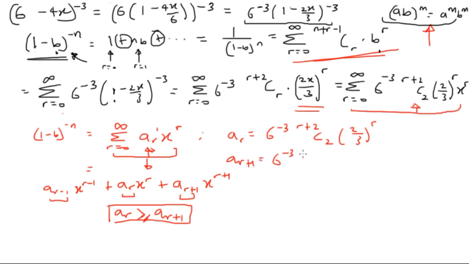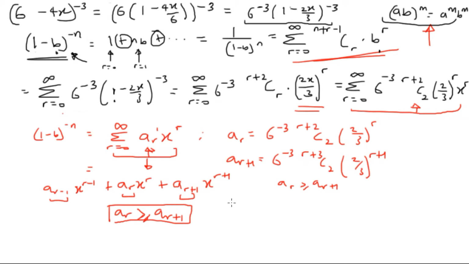Anywhere I see r, I will change it to r plus 1. So r plus 1 plus 2 will be r plus 3 combination 2, then 2 over 3 raised to power r plus 1. By assumption, a_r is greater than or equal to a_(r+1), so all this is greater than or equal to this.